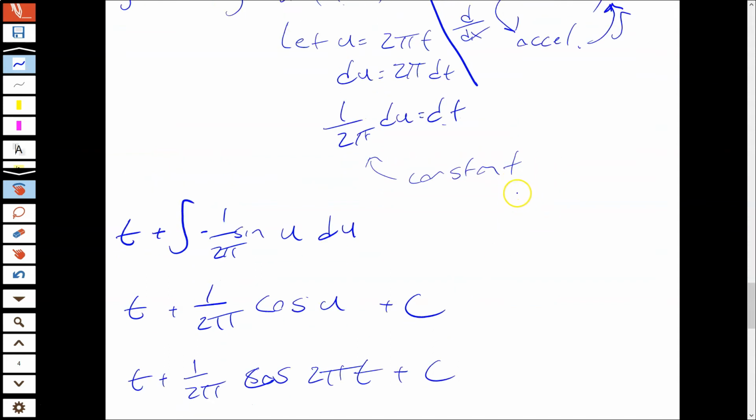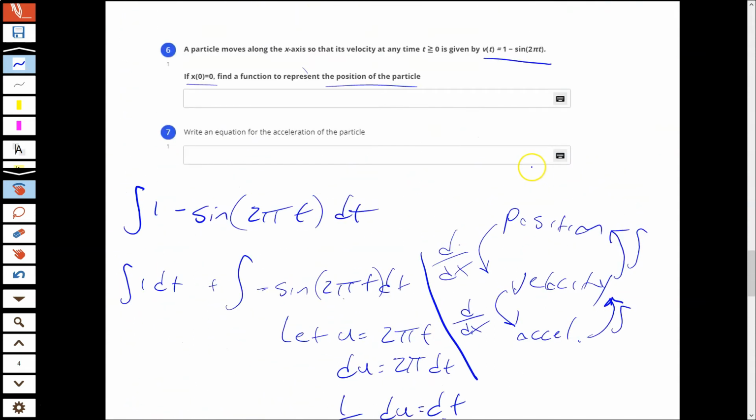And now, what were we looking for again? We want the position function. We're given this initial condition. So this is, remember, called an initial condition. We're going to plug this in to figure out what c is.